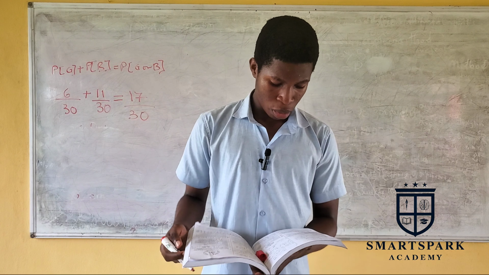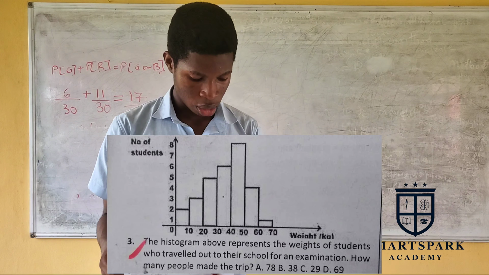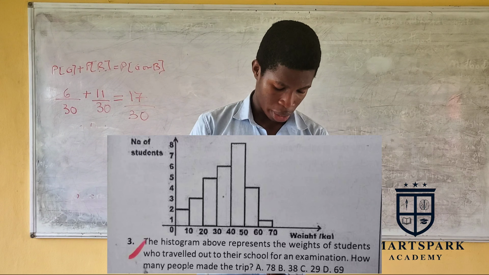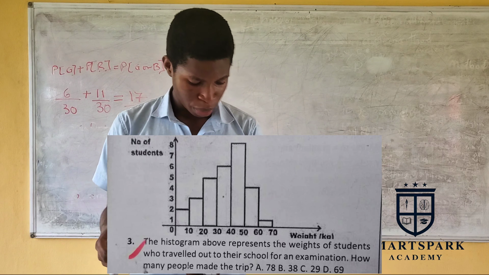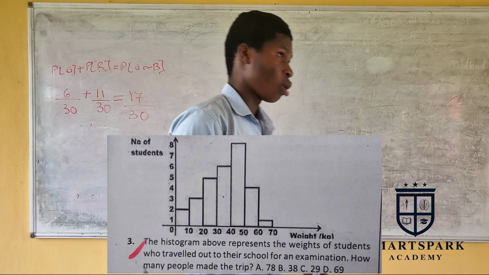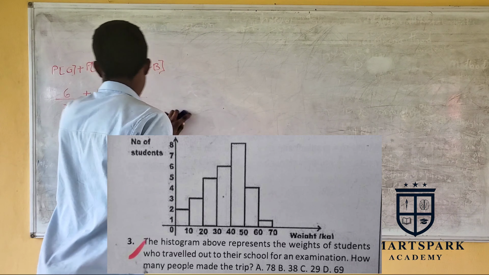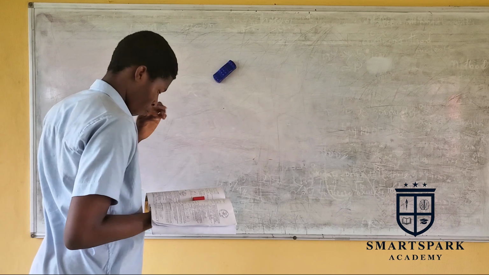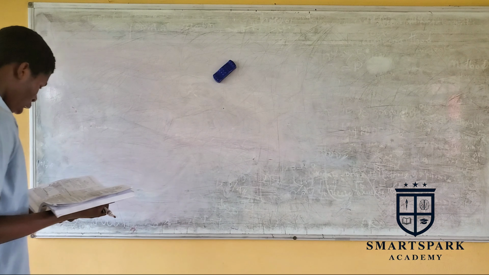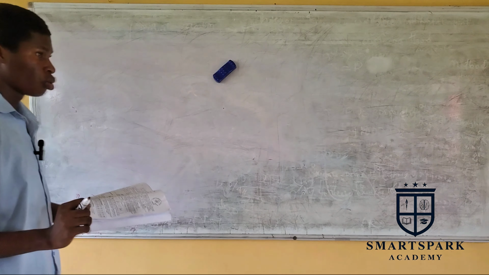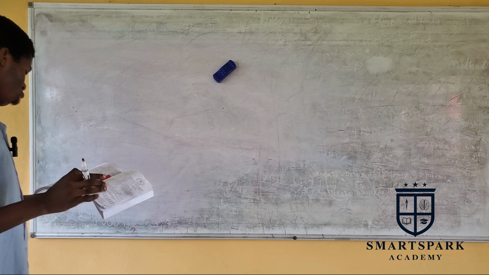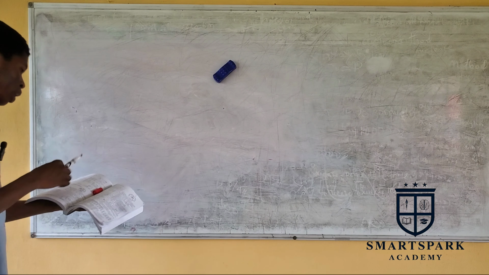Say the histogram above represents the weight of students who traveled out to their school for an examination. How many people made the trip? So I'm going to clean the board. So now for every weight, there is a number of students. So we are going to calculate the total number of students which are being represented by their weight.